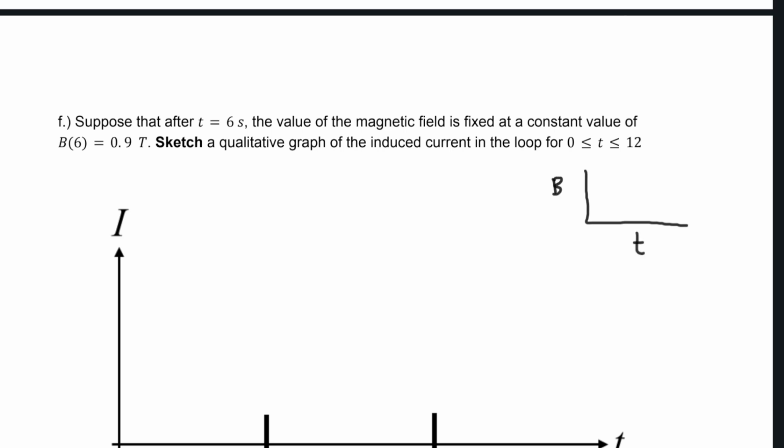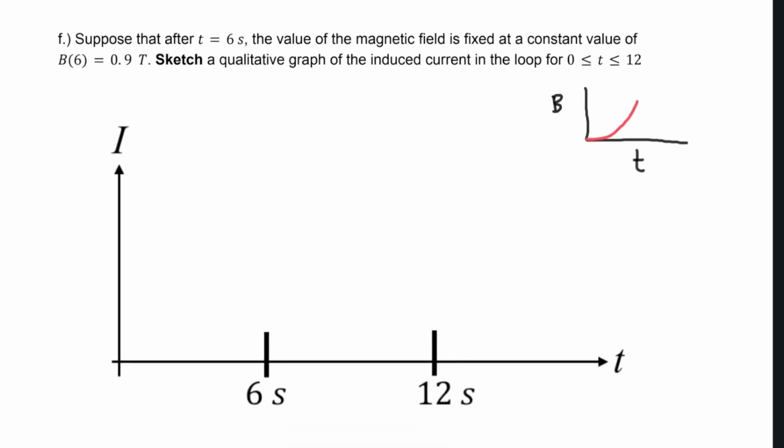So what's happening with the magnetic field is the magnetic field is increasing quadratically. And then after t equals 6, it is held constant at some value. And also notice this would be the graph of magnetic flux through the loop as well, just scaled by some constant, because flux is just the B field times the area.